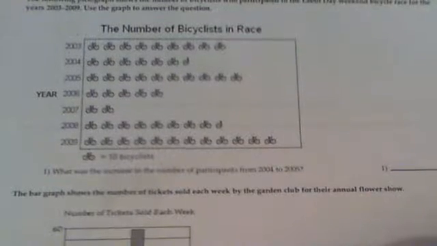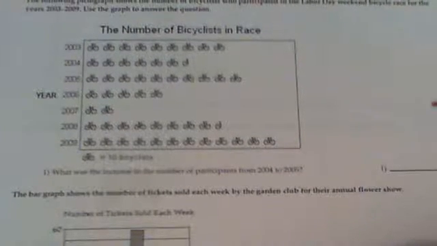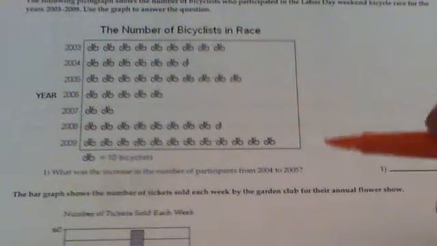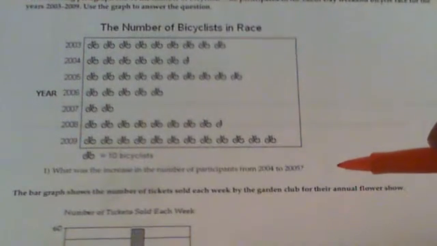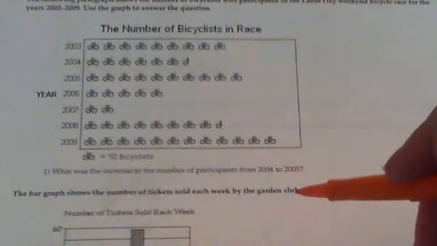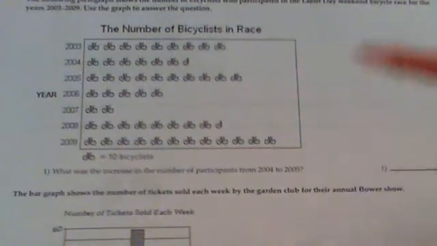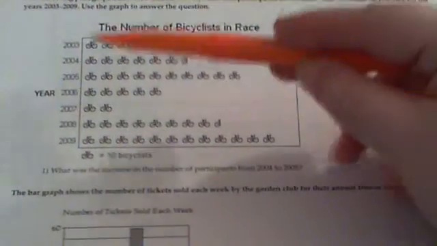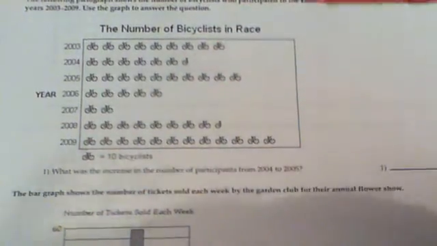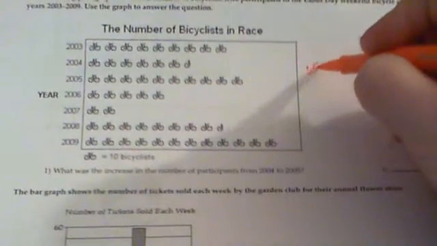For problem number 1, they tell you the number of bicyclists in the race. They use a pictograph, you know that because there are pictures in it. And they want to know the increase in the number of participants from 2004 to 2005. In 2004, we have 1, 2, 3, 4, 5, 6 and a half bicycles, so that's like a 65.